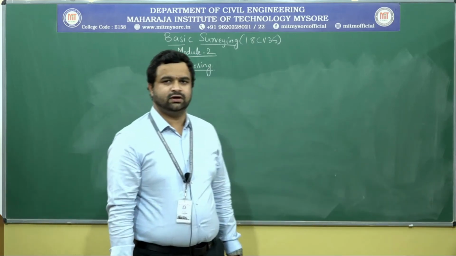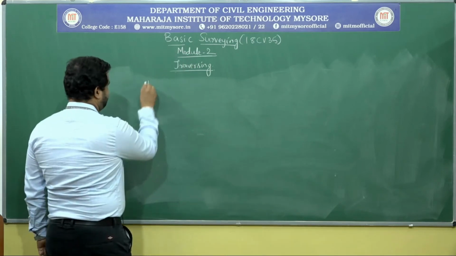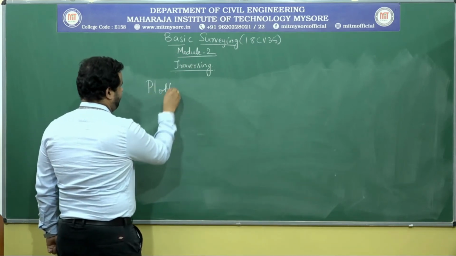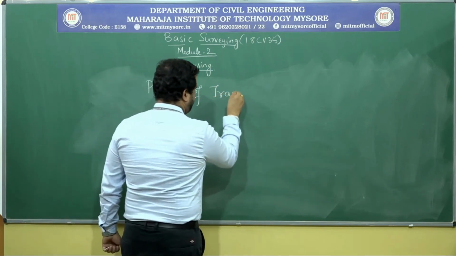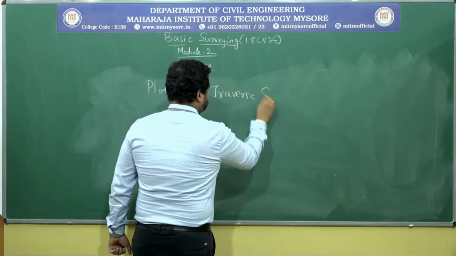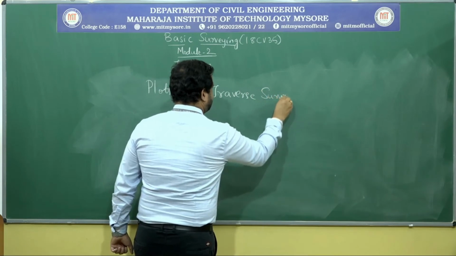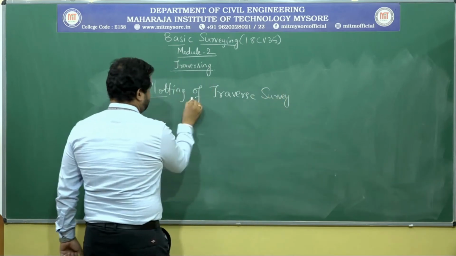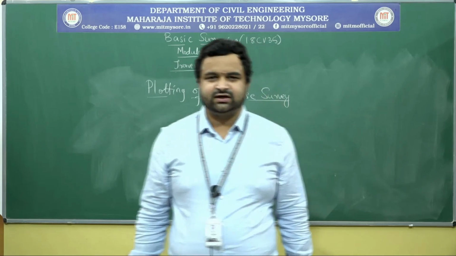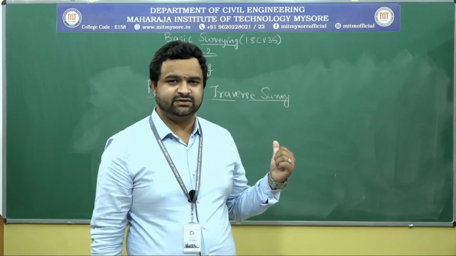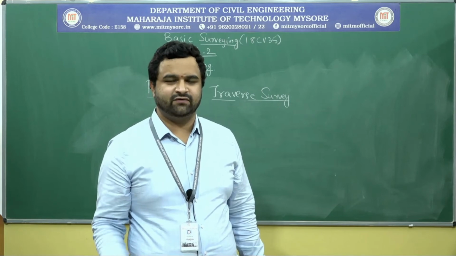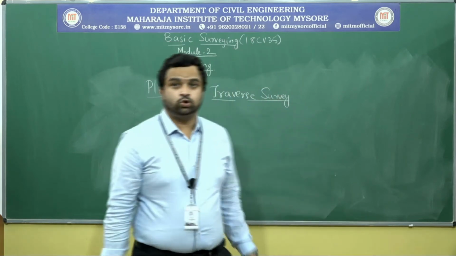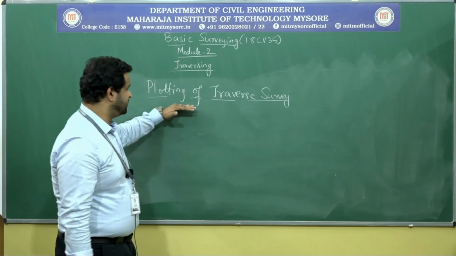Next we shall understand how to plot traverse survey. How do we plot the traverse? As I said earlier, the latitude and departure were plotted in rectangular coordinates, in the form of a rectangle, right? Here there are two principal methods to plot the traverse survey.